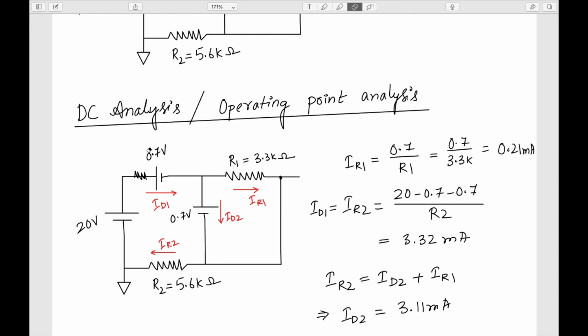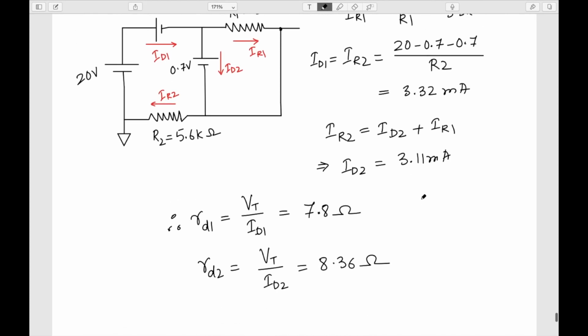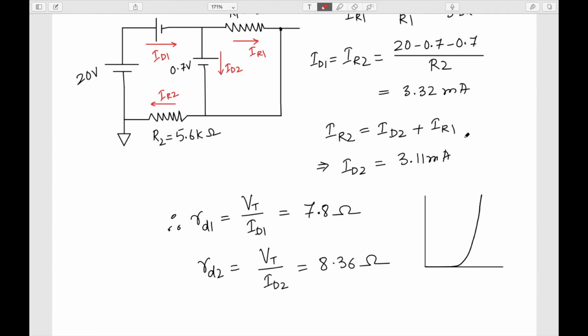Basically, if we include a small resistance, then instead of approximating the whole diode characteristics with a straight line, to make the analysis very simple, right?